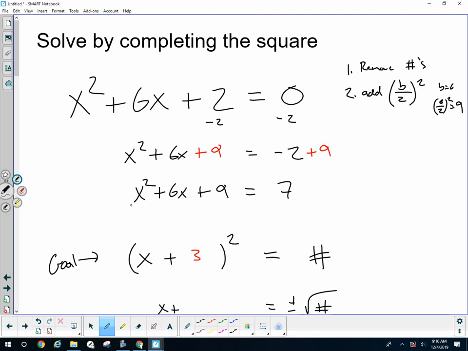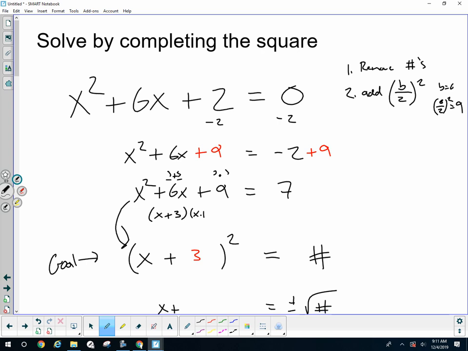We can rewrite this as x plus 3 squared. Remember, if you have x squared plus a term times x plus a number, you're looking for 2 numbers that add to get the middle term and multiply to get the last term. The 2 numbers are 3 and 3. So you could write this as x plus 3 times x plus 3.